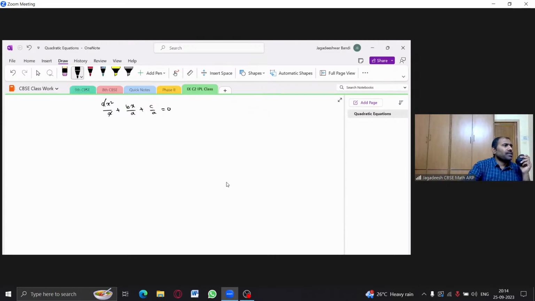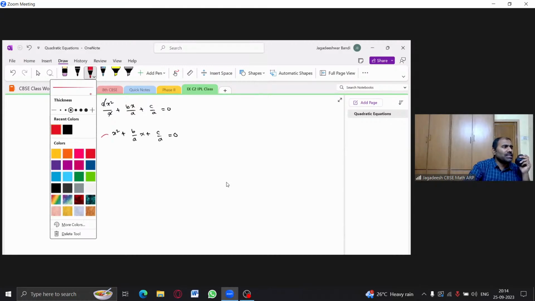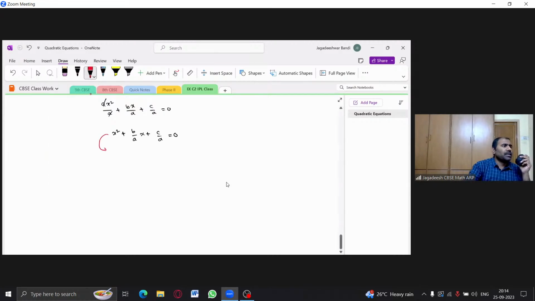Okay, fine. So here we get x square plus b by a x plus c by a equal to 0. Now what we want to do is convert this entire equation into a square plus 2ab plus b square, which is equal to, of course, we know, a plus b whole square. Now, please observe carefully term to term.